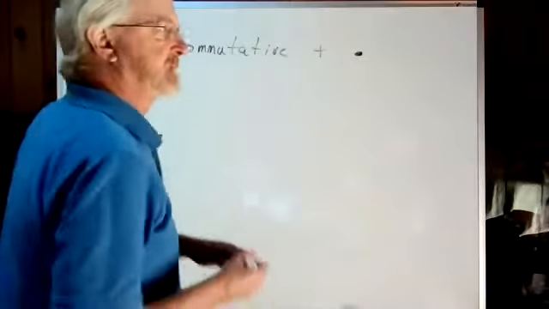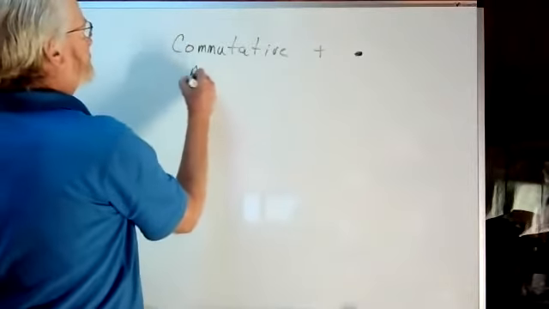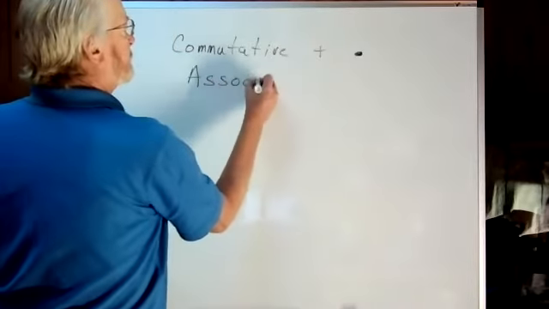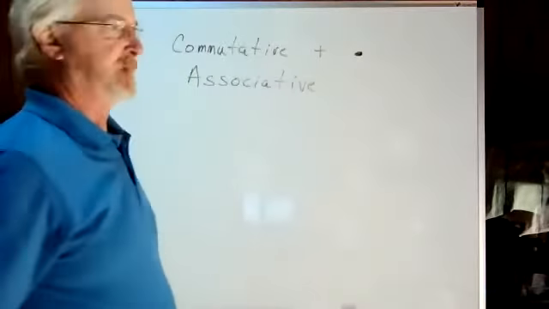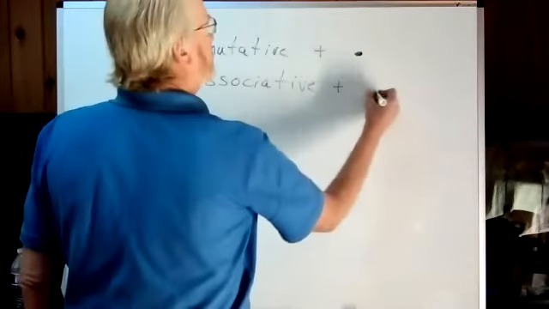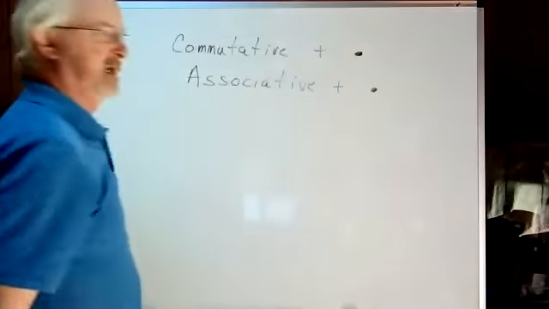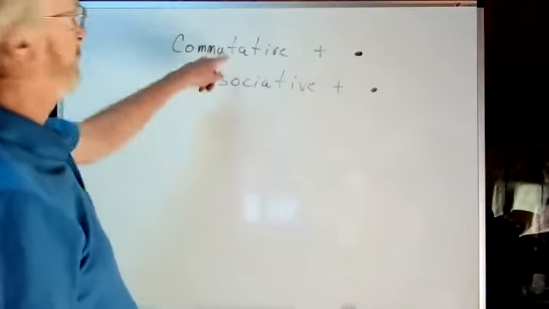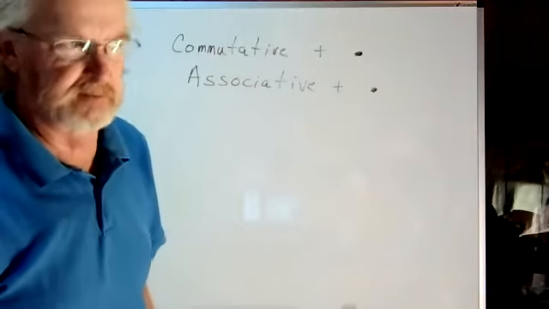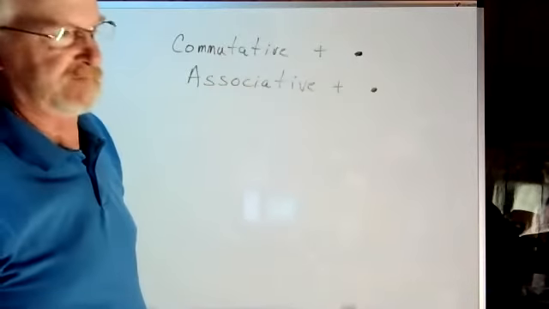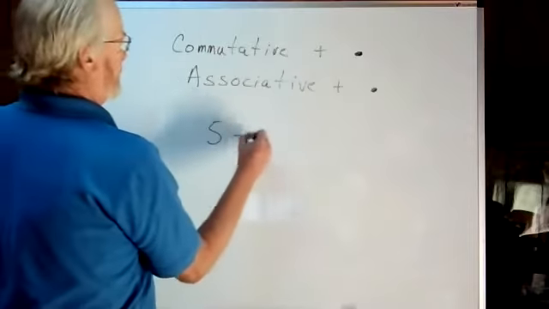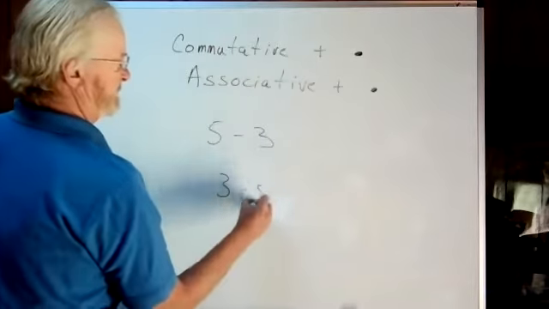The next one we talk about is associative. The associative property. And again, this one applies to multiplication and addition. Back to commutative for a second, you can kind of make sense. It doesn't work for subtraction, right? 5 minus 3 is not the same as 3 minus 5.